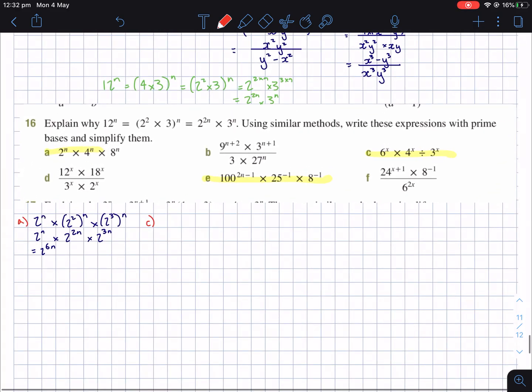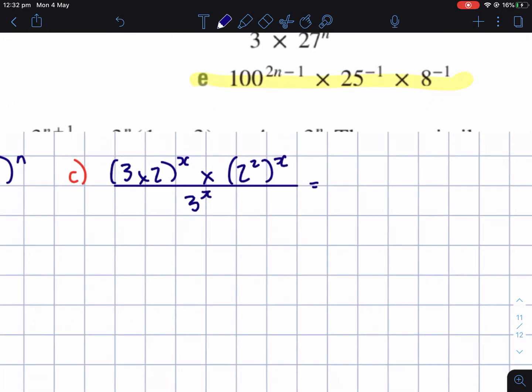Question C. I'm going to write it as a fraction. 6 to the x times, 6 is the same as 3 times 2 to the x, times, now 4 is the same as 2 squared to the x, over 3 to the x.